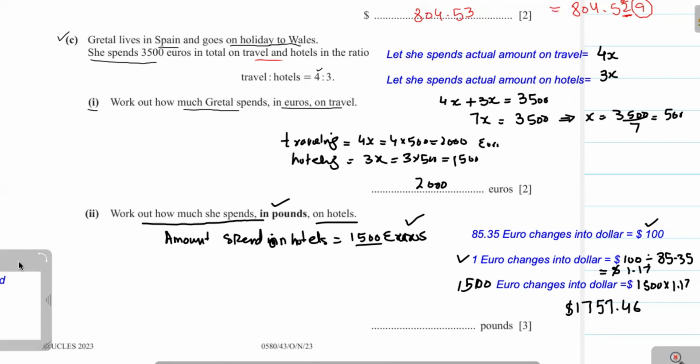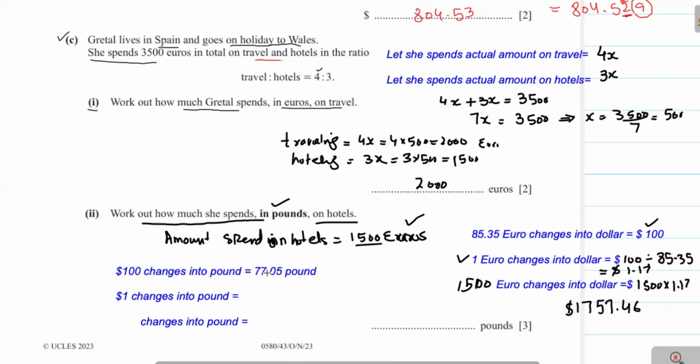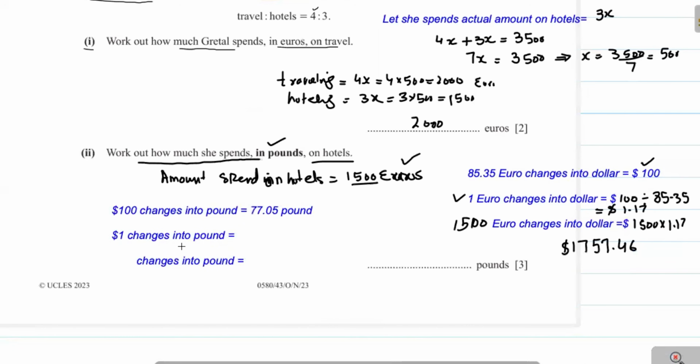The rate between dollar and pound, you see here, $100 equal to 77.05 pounds. Therefore, $1 will be equal to 77.05 divided by 100. This is the rate of $1 into pounds, and this value becomes 0.7705. Now the total dollars given, $1757.46, change into pounds.